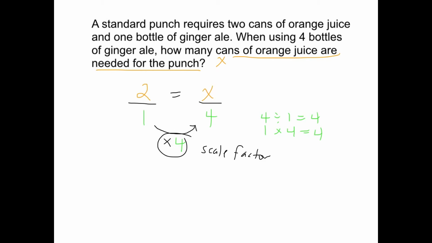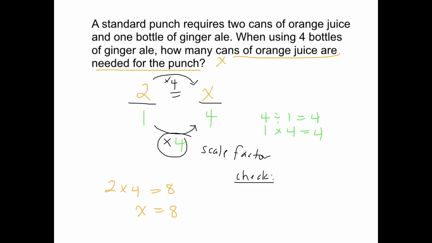Now that we know the scale factor, we need to multiply the numerator by the same number. 2 times 4 will give us the missing term in the proportion. 2 times 4 equals 8, which means that x, our missing term, is equal to 8. Does this make sense? Well, let's check our answer.